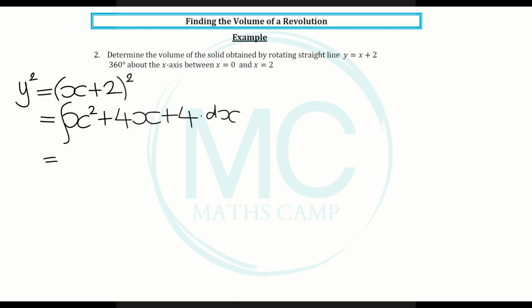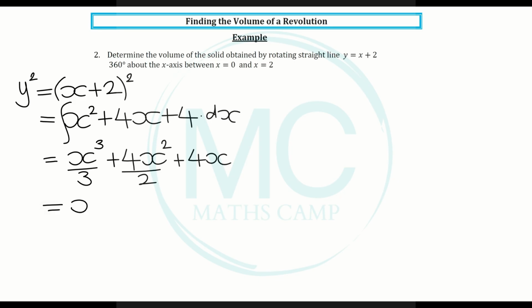We're going to get x with an exponent of 3 over 3 plus 4x squared over 2 plus 4x. Let's tidy this up. We have x cubed over 3 plus 2x squared plus 4x.